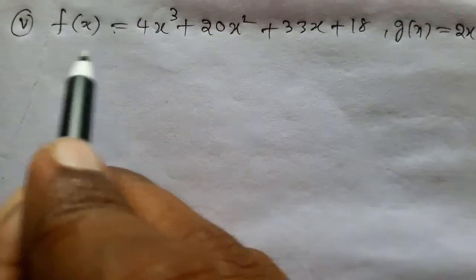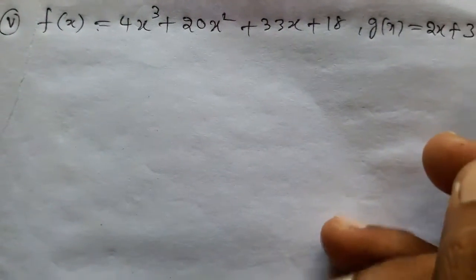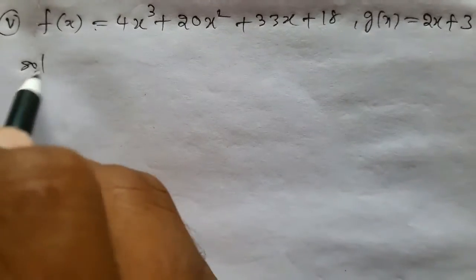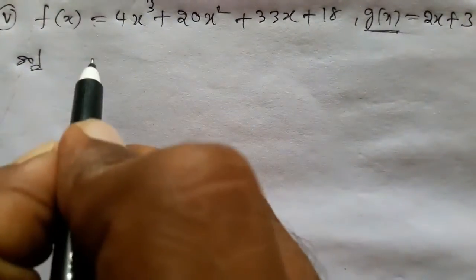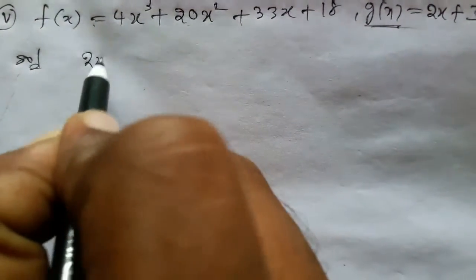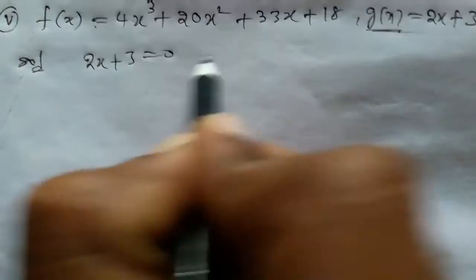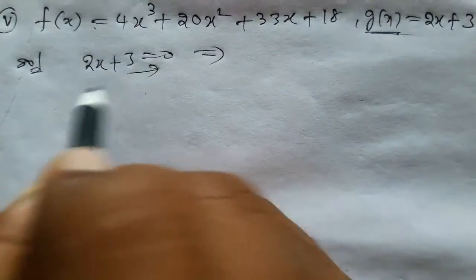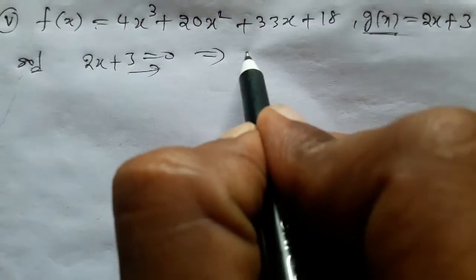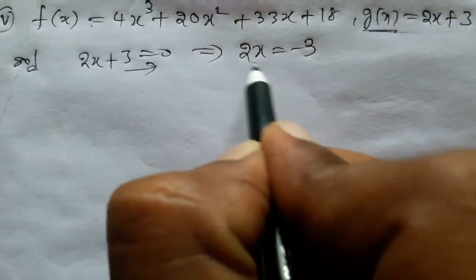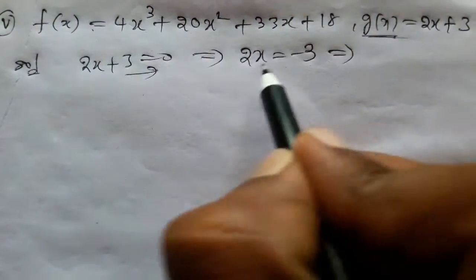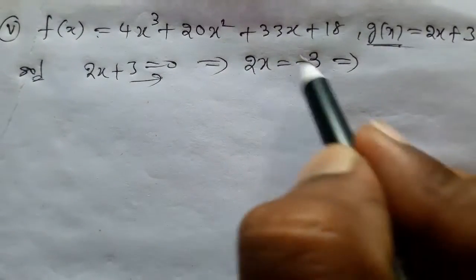See, f of x and g of x are given. Solution as per the factor theorem, put g of x equal to 0, that means 2x plus 3 equals 0. Now send this 3 from left to right side. On the left side it has a positive sign, on the right side it becomes negative. Now 2x is equal to minus 3. Once again send 2 from left to right.